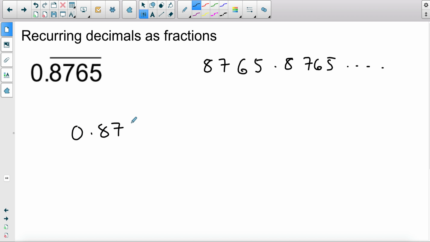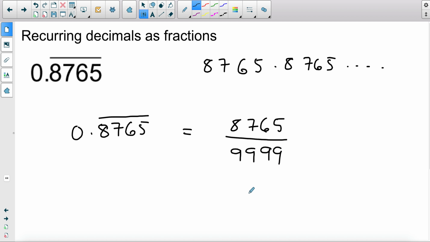If you pause this video, you can attempt the question and then start it again to get the answer, which will be 8,765 over 9,999.